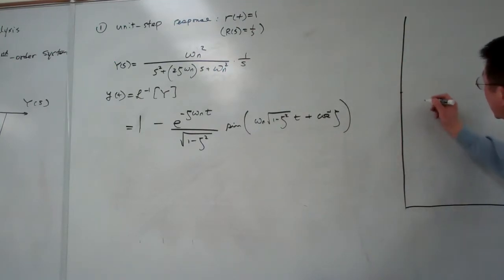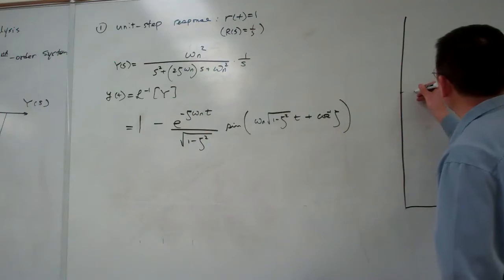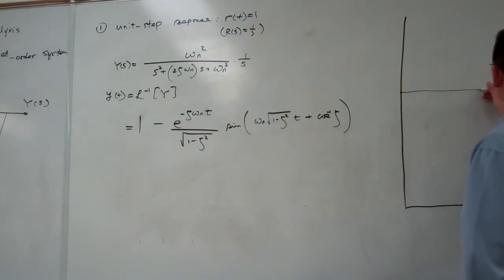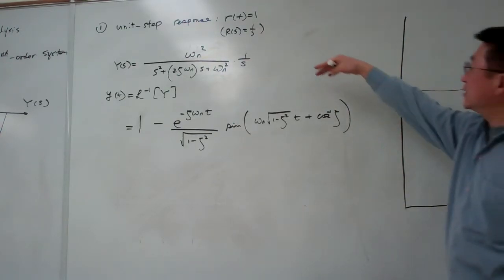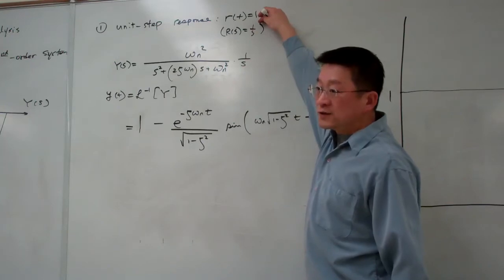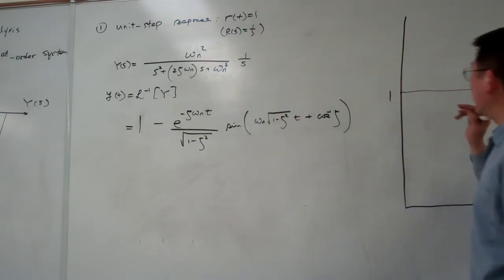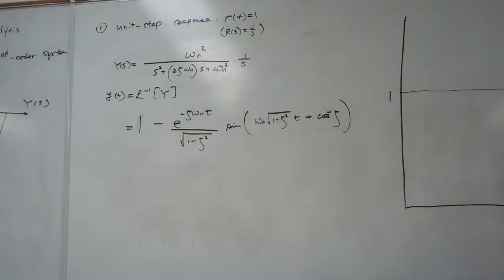So here, let me say this is 1 here. Okay, this one defines the level of our unit step input. Basically we want to look at how the system is going to follow, how quickly the response of the system is going to approach 1, and eventually, or in the transient response here.